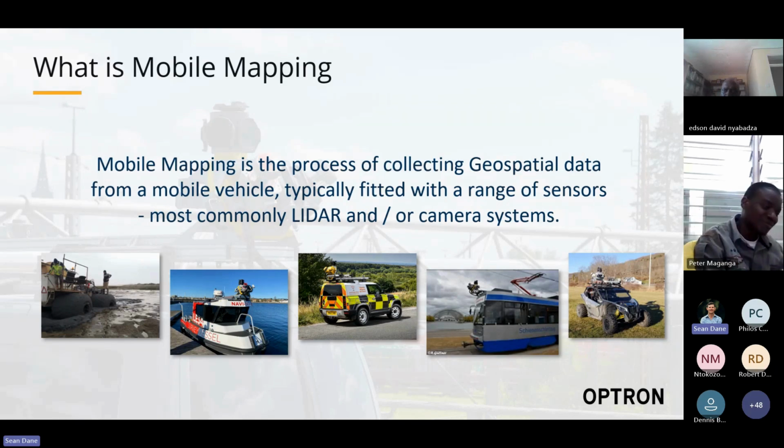You can see in a couple of the images that I've shared here, and we'll chat a bit more in detail around the components and applications as we go on. But it's essentially a mobile survey tool, and we've got down to centimeter accuracy at not quite road speeds, but 30 k's an hour or so driving down the road. You can get pretty close to a centimeter absolute accuracy, which is fantastic.